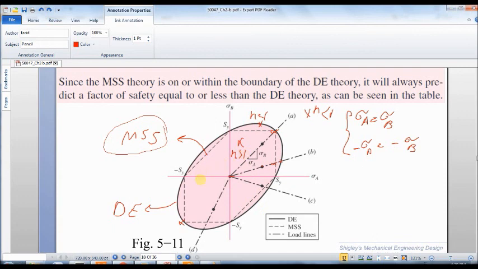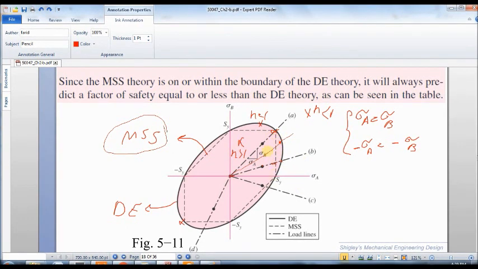Let me elaborate on this conservativity in another way. Let's say I have a state of stress somewhere here, this point, right? If I draw a line to here, the maximum shear stress theory is telling me that your part has failed because it's out of the border.